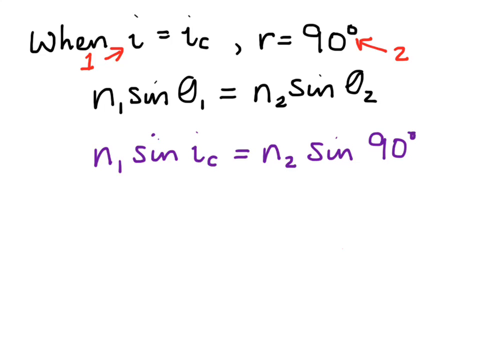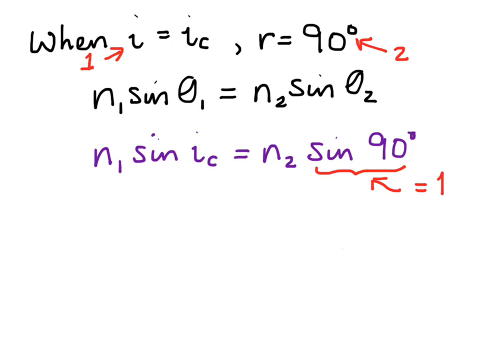So if we put those values in, when theta 1, the ingoing angle, is equal to the critical angle, we can write that, and theta 2, which is normally the angle of the ray coming out, is 90 degrees. So we've got sine of 90 degrees here.